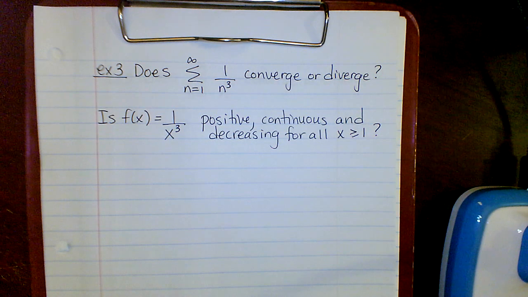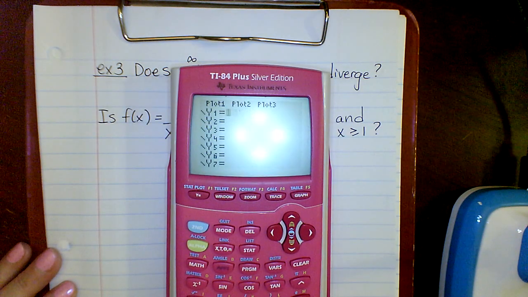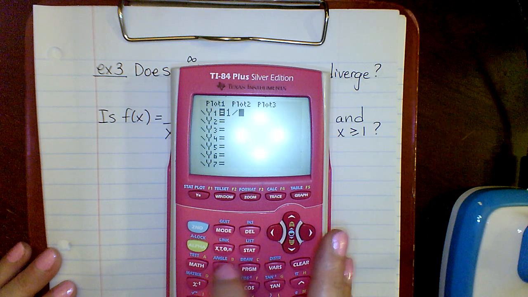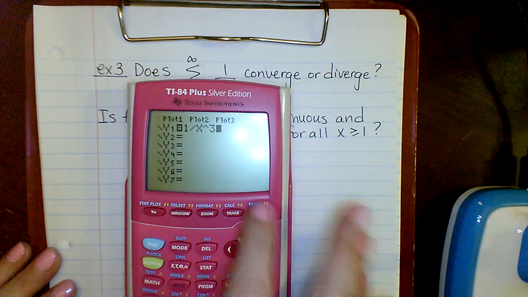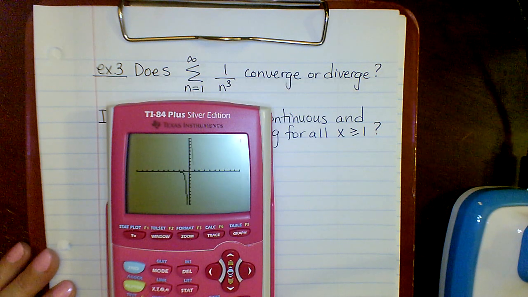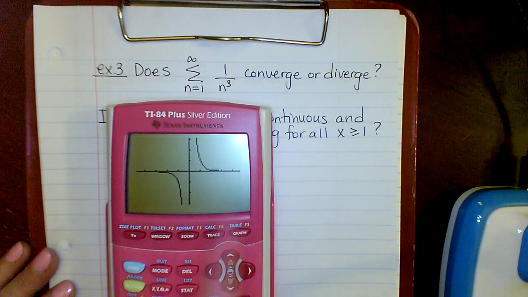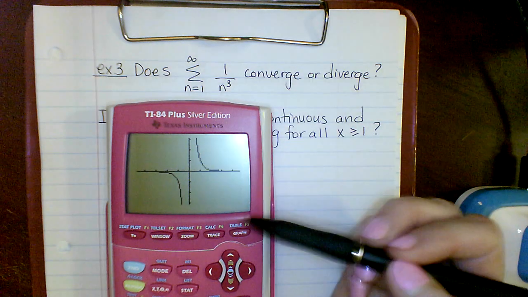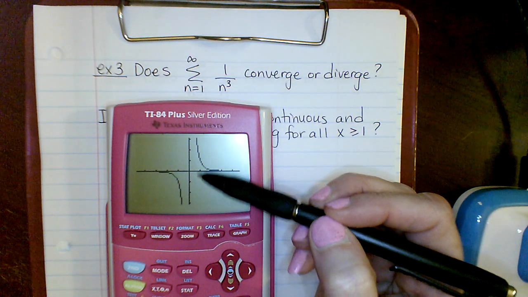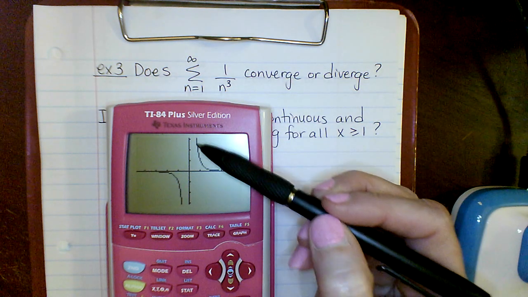If you don't know off the top of your head, that's okay. Let's get a graph of 1 over x cubed. All right, let's zoom in a little bit here. Ooh, so it's kind of going down and over here. For all the x values of 1 on, it is decreasing.